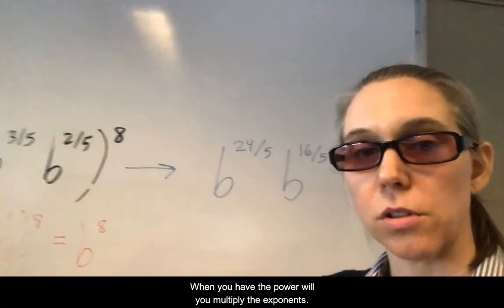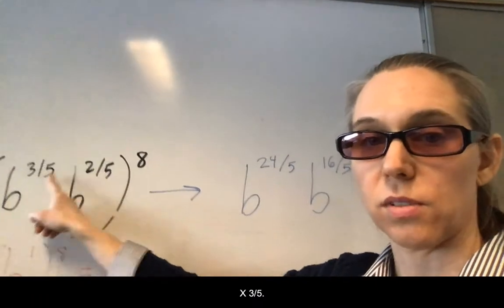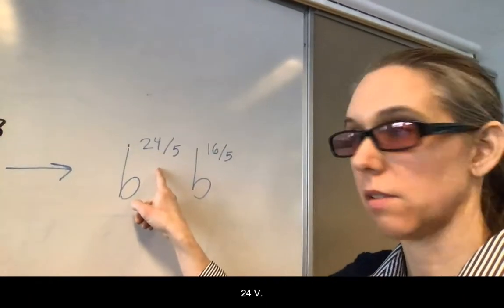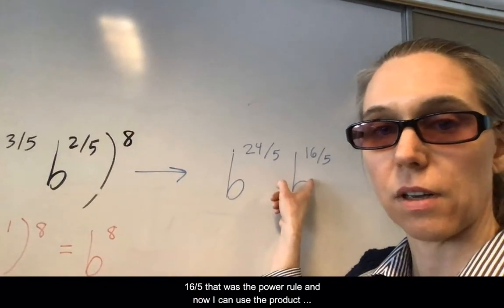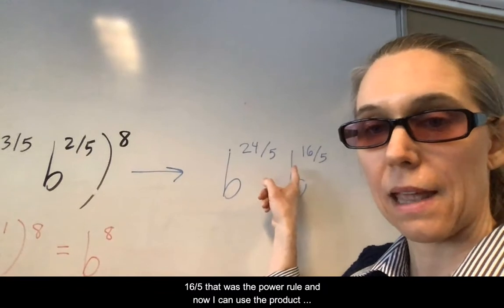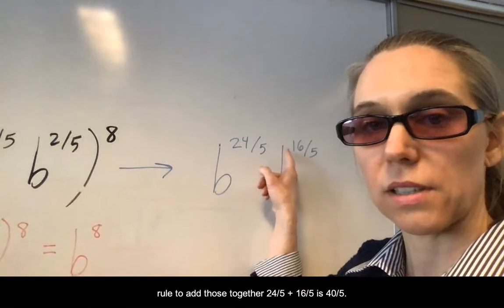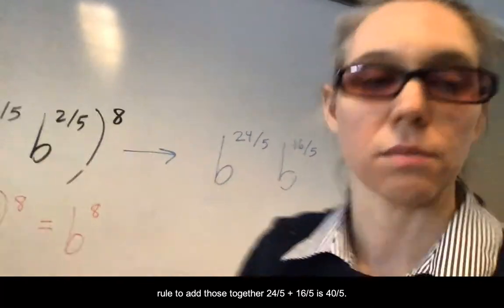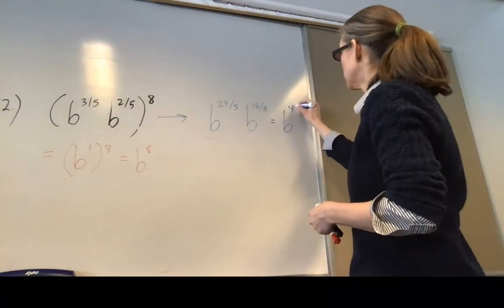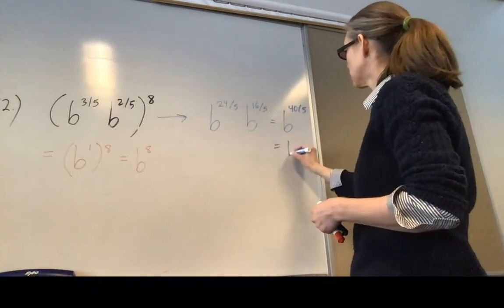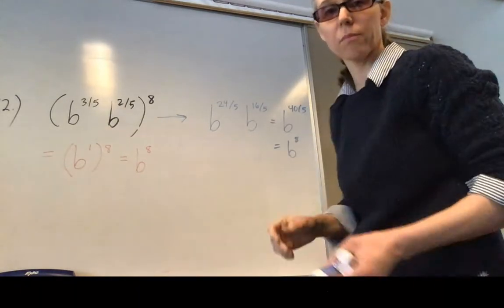When you have the power rule, you multiply the exponents. 8 times 3/5 is 24/5. 8 times 2/5 is 16/5. That was the power rule. And now I can use the product rule to add those together. 24/5 plus 16/5 is 40/5. And that simplifies to b to the 8th power.